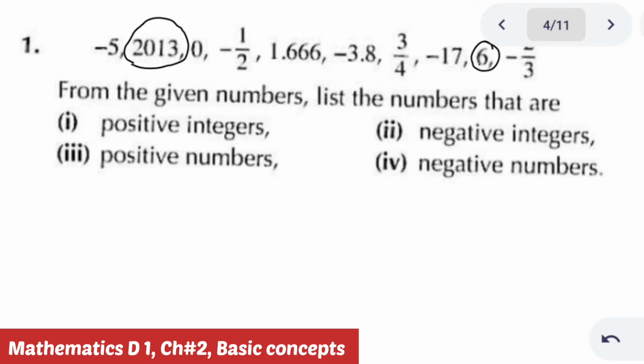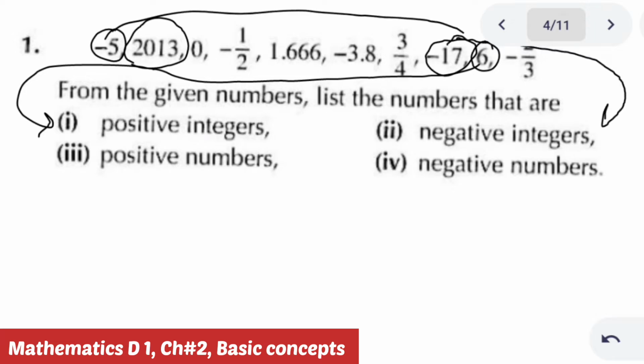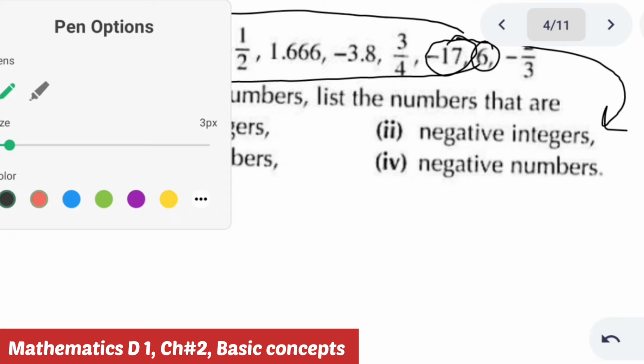Because we are separating the positive integers, these two numbers are the positive integers. Similarly, negative integers are minus 5 and minus 17. These are the two whole numbers having negative value.